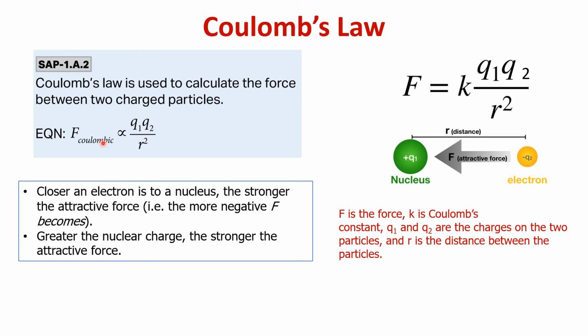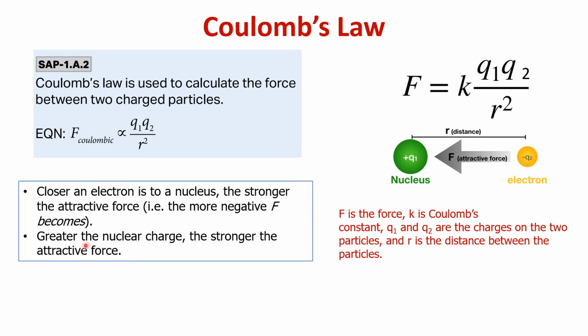If we see this equation, we can see that force is directly proportional to the charges and inversely proportional to the distance between the charges. So it means that if the electron is closer to the nucleus, the r value is smaller. If the r value is smaller, the force would be higher. So there will be a stronger attractive force between the protons and the electrons.